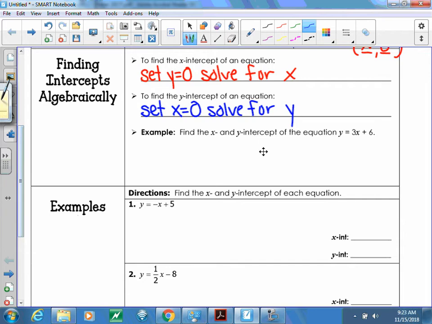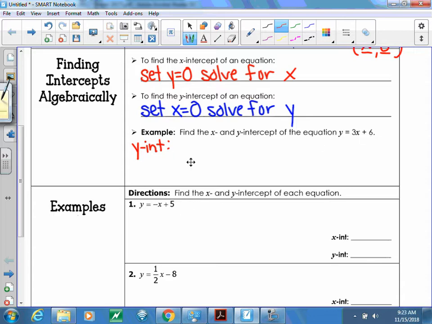So showing you how we can do this with an equation of y equals 3x plus 6. For some of you, you might be able to quickly identify what your y-intercept is just from the equation itself, because it's in y equals mx plus b form. So our y-intercept is going to be 6.